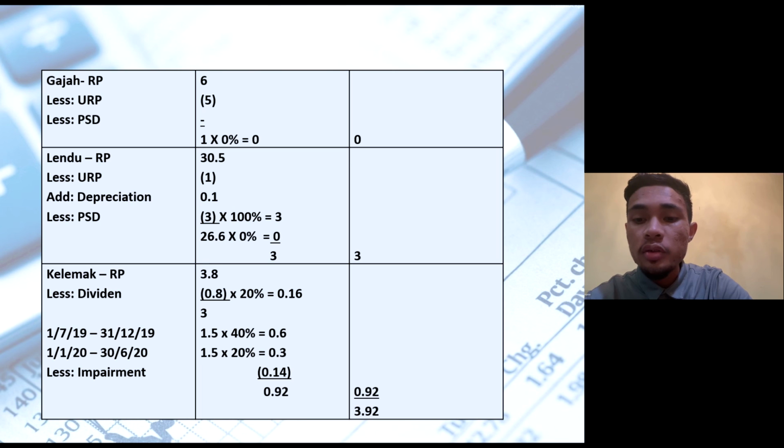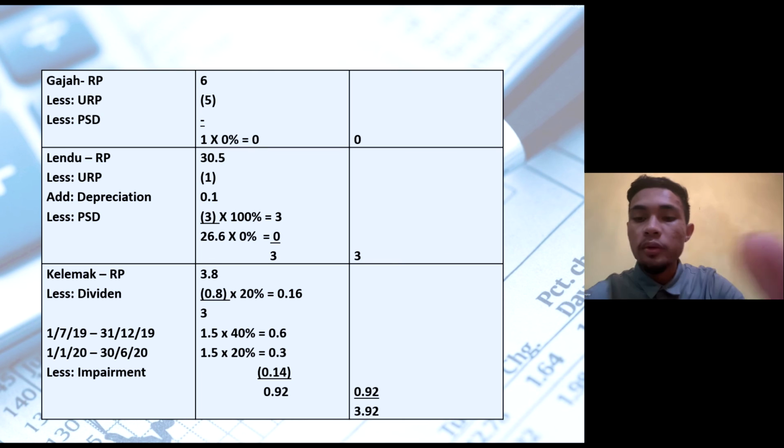So for the first period, we times the NCI percentage 40%, then we get 0.6. Then for the second period, we times 20%, then we get 0.3.